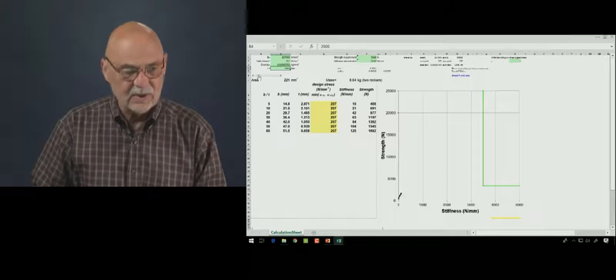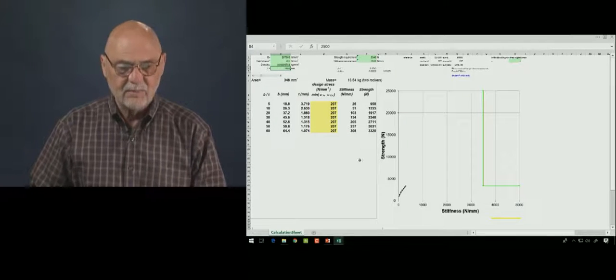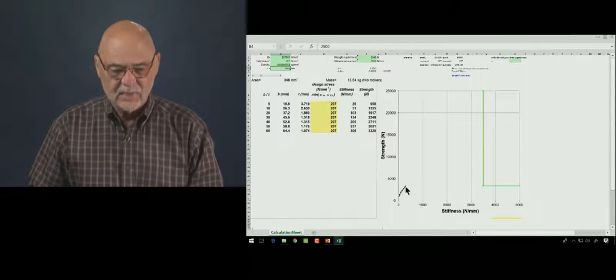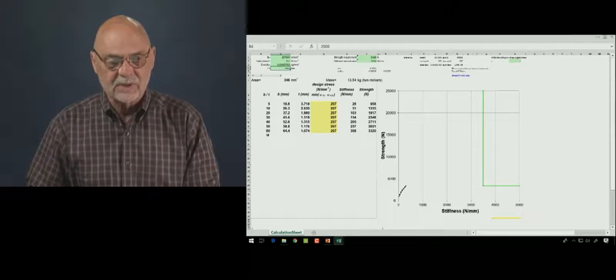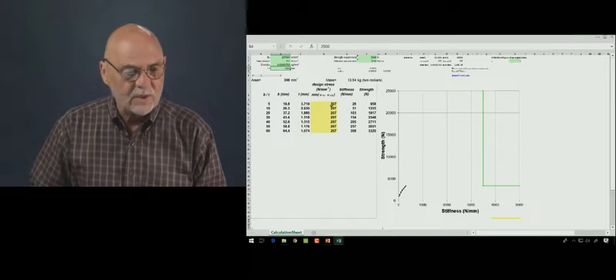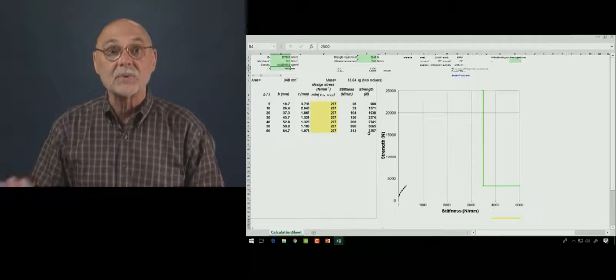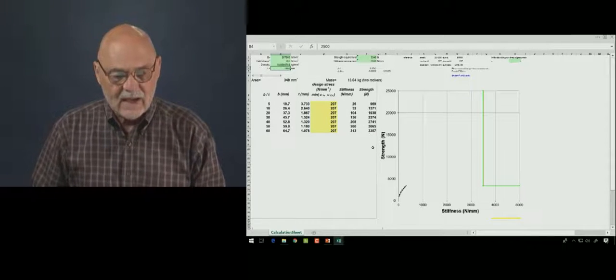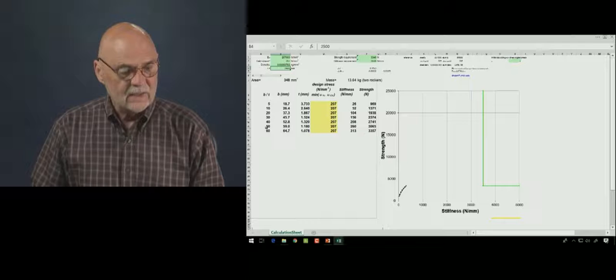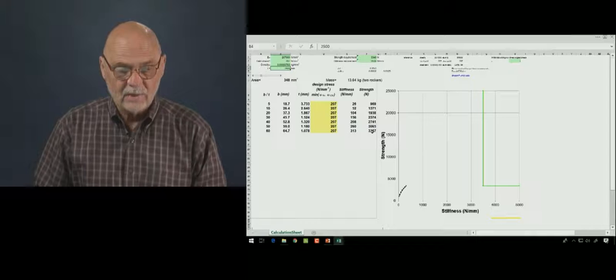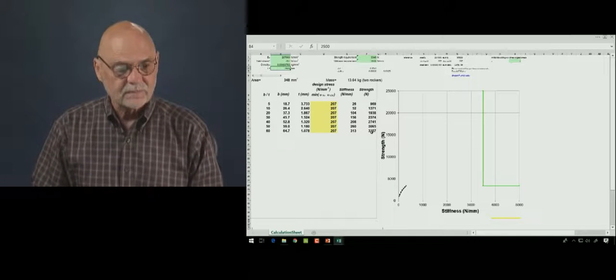So we have to keep on adding material, and as I do that, you see the little worm getting bigger and bigger. And so here we can actually see the distinct points for each of these B over T ratios. And I'm going to tweak a little bit more because we're almost at a level of having adequate strength. Okay, so we're shooting for a strength of 3340, and right now this is saying that for the B over T ratio of 60, we actually have a strength that exceeds the requirement, 3357.